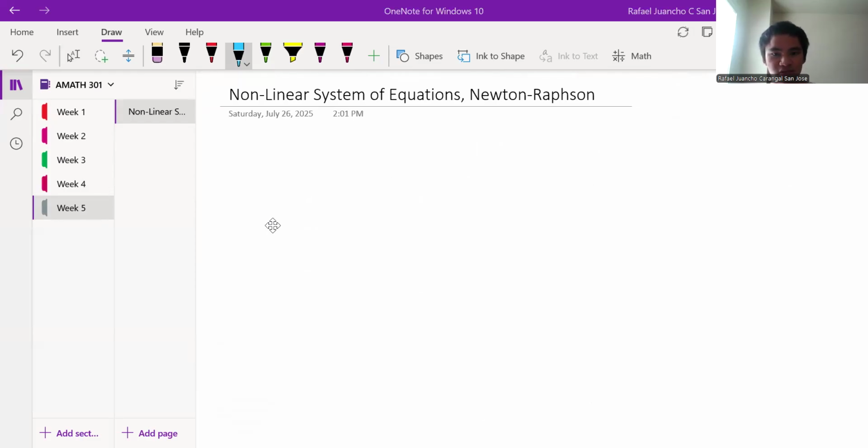Okay, so let's talk again about the Newton-Raphson method for systems of equations. And so let's start by writing the linearization around x sub j, right?